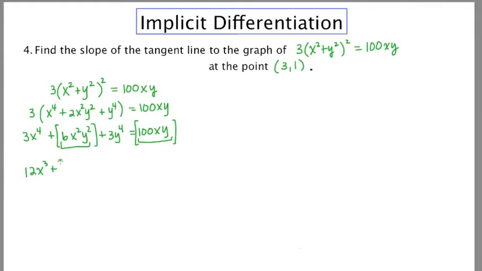Plus. And now what I'm going to do is I'm going to partition off to put my answer of the product rule. I'm going to forego the whole f prime, g, g prime chart, and I'm just going to do this manually or verbally. So it's going to be the first expression, which is 6x squared, times the derivative of the second, 2y dy/dx, plus the second expression times the derivative of the first, which would be 12x.